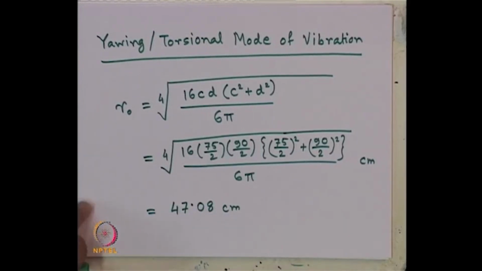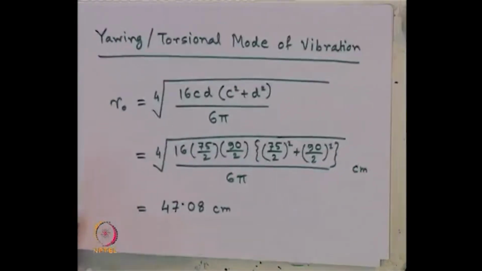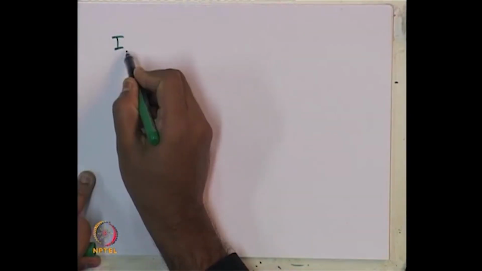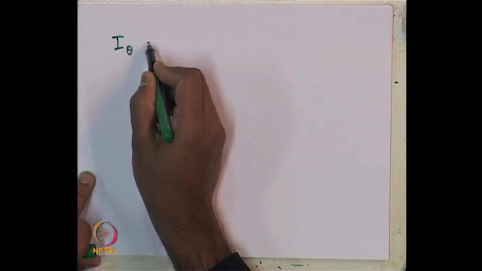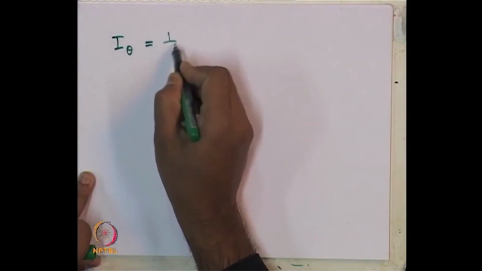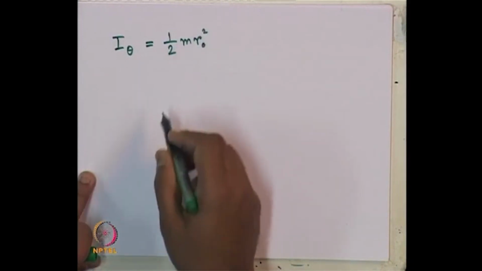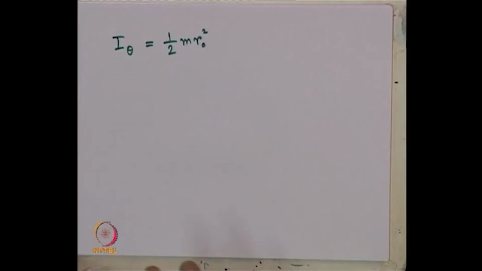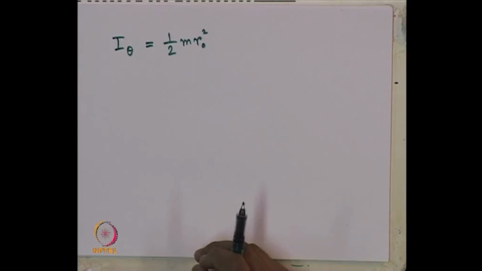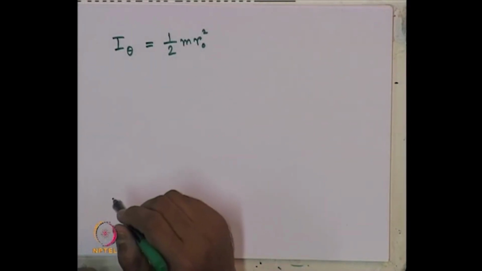Okay. So, next step is to calculate the expression or value for I theta. I theta is nothing but half m r naught square, because it will behave like a circular disc, isn't it? So, mass moment of inertia for a circular disc about its vertical axis will be nothing but half m r square.